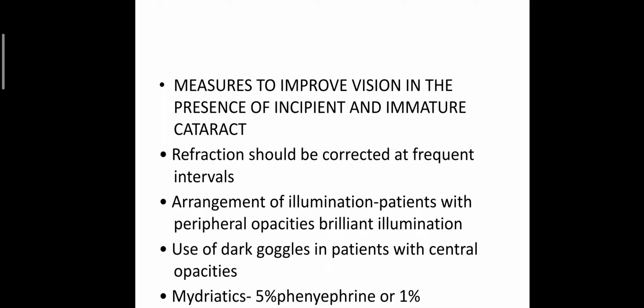Conversely, in case of central opacities, a dull light is kept beside the patient, which leads to dilatation of the pupil, and hence the patient will be able to see through the peripheral part of the lens.